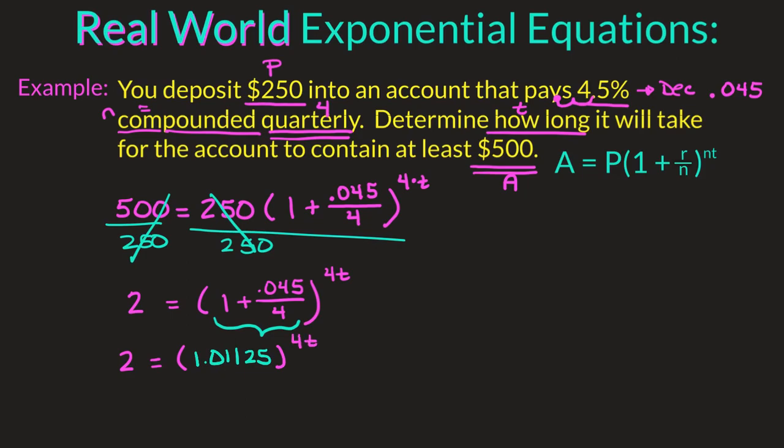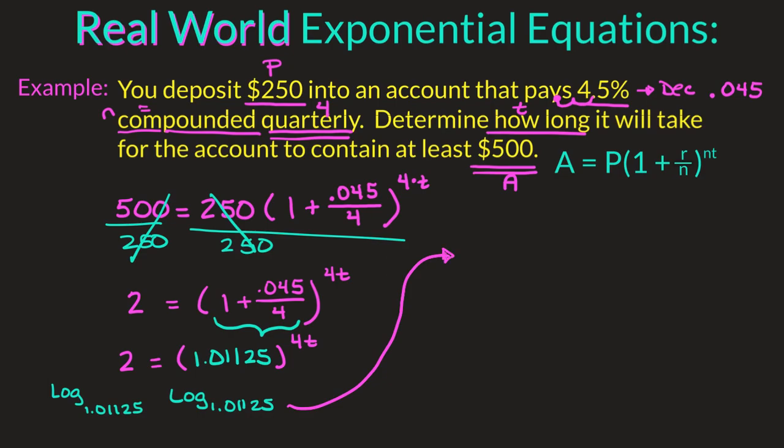Now that parentheses is your base. And so now we're going to have to take log base 1.01125 on both sides because we want those to cancel. So I'm going to continue writing over to the side a little bit so I have more room.